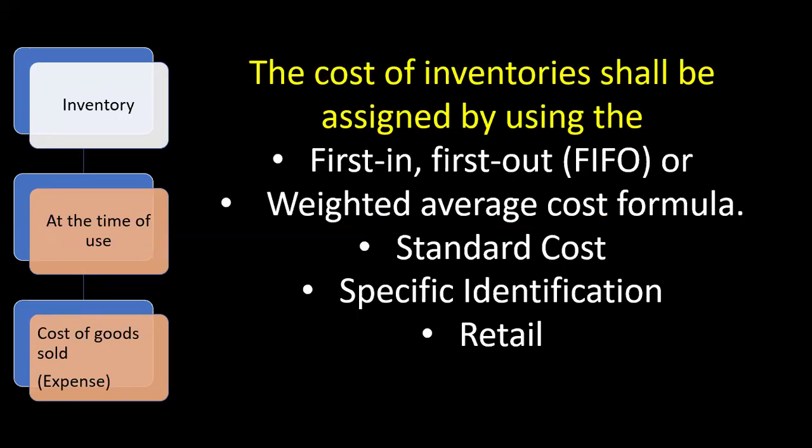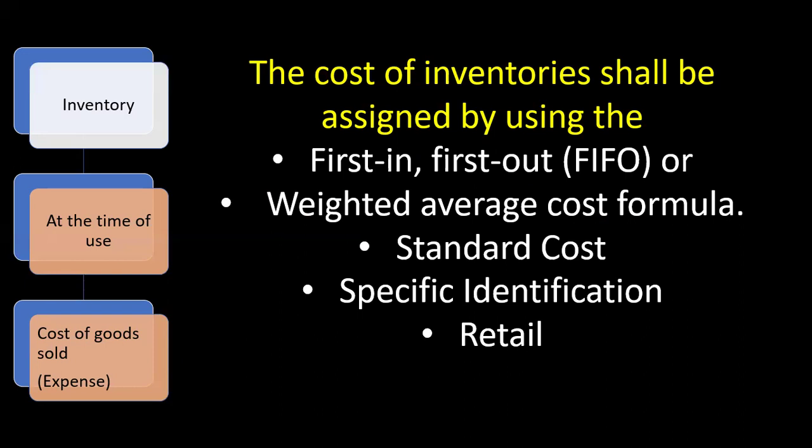Now, these methods are meant to fit the nature of different types of businesses. If the business makes it possible to identify the goods which have been sold, then we follow specific identification. When it is not possible to identify a large number of materials from different sources and locations, the standard cost method is used.